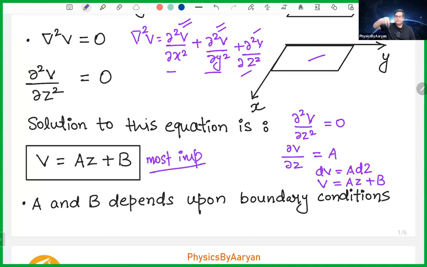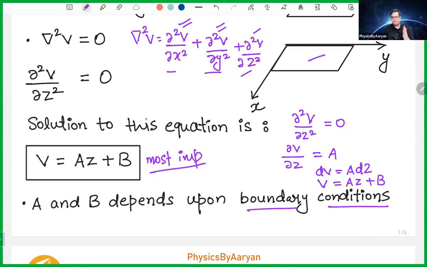If your potential is only depending upon one parameter and you are in Cartesian coordinates, then the final potential will be az plus b. Potential is linearly depending upon z, or distance. A and b are some constants which depend upon the boundary conditions.